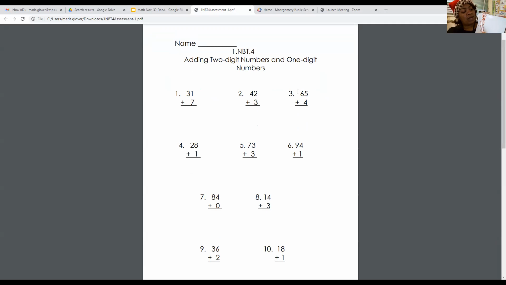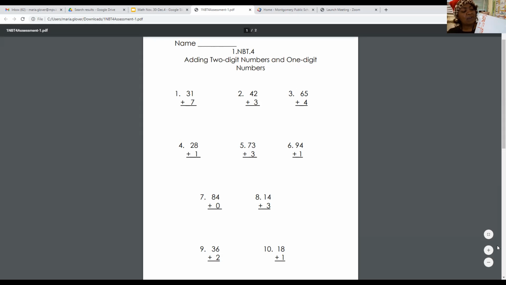So right here I have 1 plus 7. 1 plus 7 is 8. And right now it's easier for some of us as a visual to go ahead and separate those numbers. Right here we have 3 plus, and there's nothing there, so we'll treat it as 0, or you can simply bring that 3 down. And so your sum of 31 plus 7 is 38.